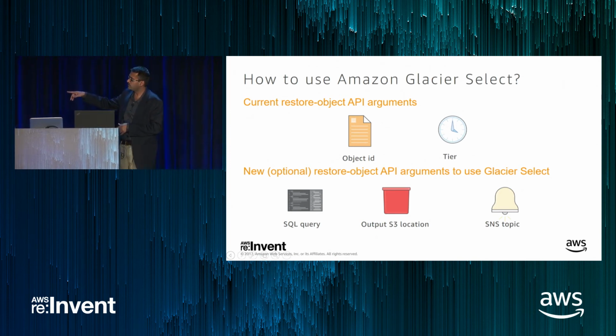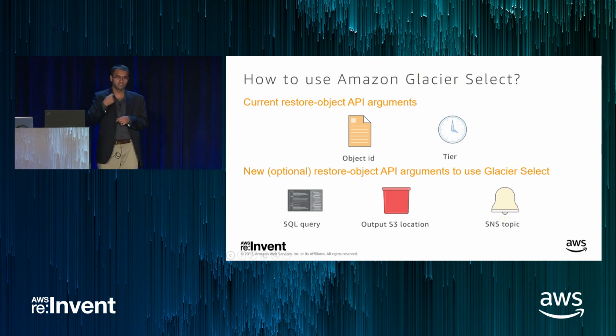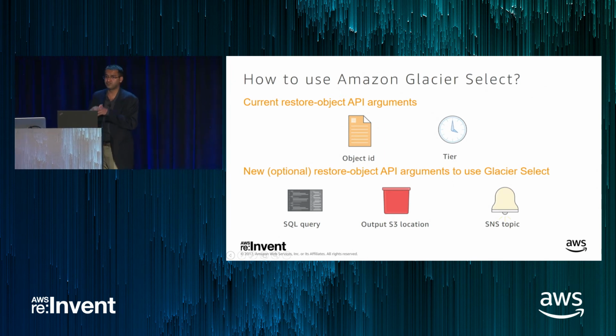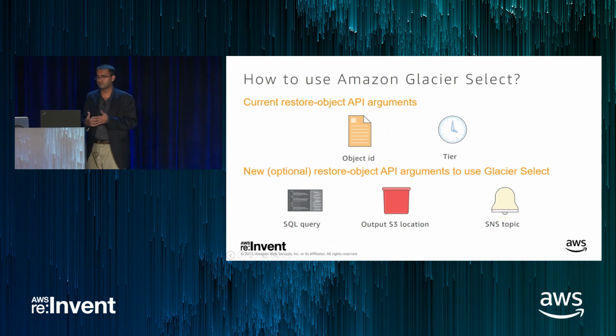The SNS topic and output S3 location are quite powerful, and are not available in Restore today. If you didn't have the SNS topic, you would have to keep polling to check if the results are there or not. That's something customers today have to do with Restore, but with Glacier Select, you do not have to. You can just subscribe to the topic and you'll be notified. So it saves a lot of cycles on your application.